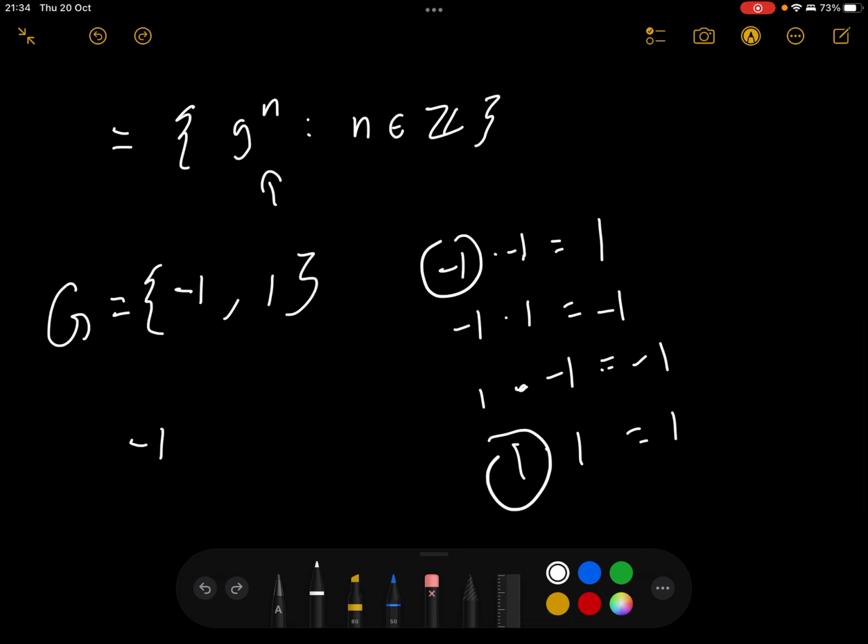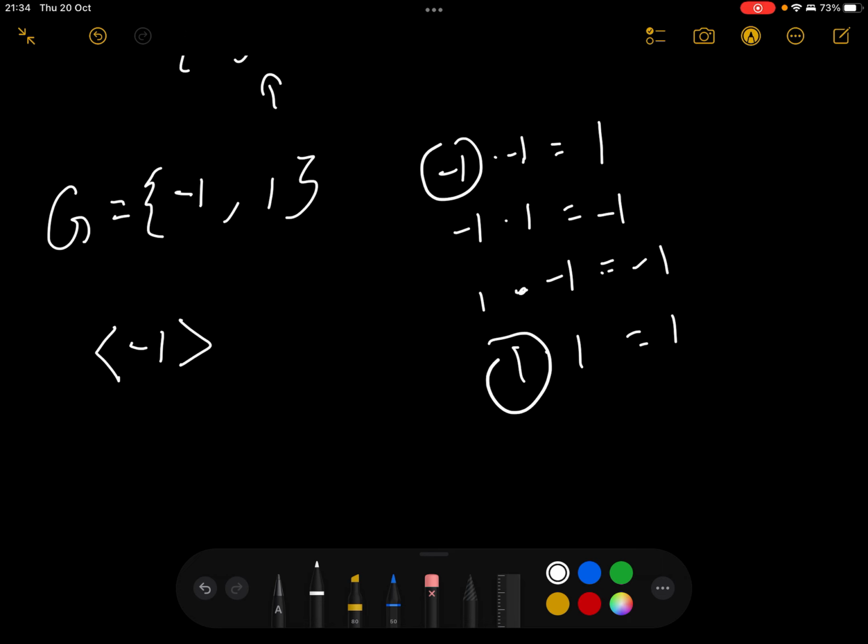Associativity holds because of the associativity of multiplication. So it's a group, and we have essentially a cyclic group generated by -1, which is a group under multiplication.